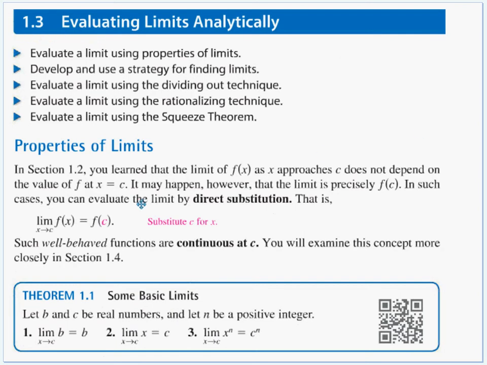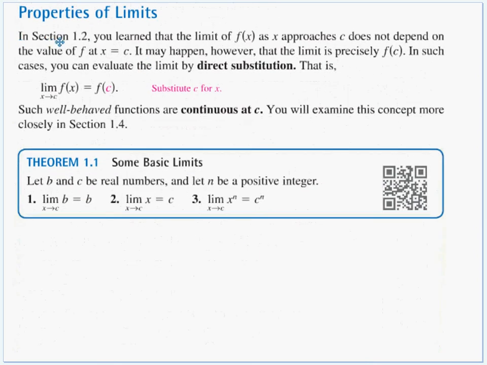So let's see what the book says. In the last section, you will learn that the limit of f of x as x approaches some number c does not depend on the value of the function at that point itself. It may happen, however, that the limit is precisely the exact same value as f of c. In such cases, we can evaluate the limit by direct substitution.